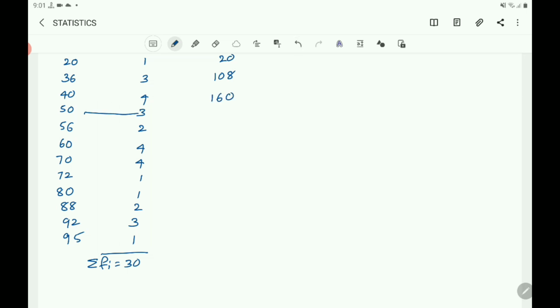Then 50 into 3, 150. 56 into 2, 112. And 60 into 4, that is 240. And 70 into 4, 280.